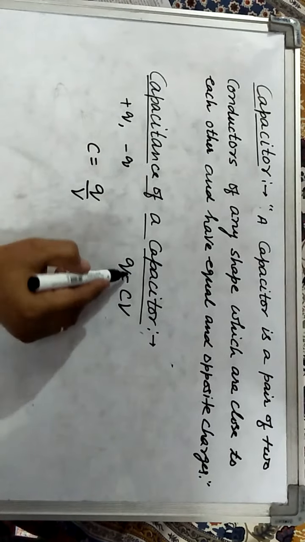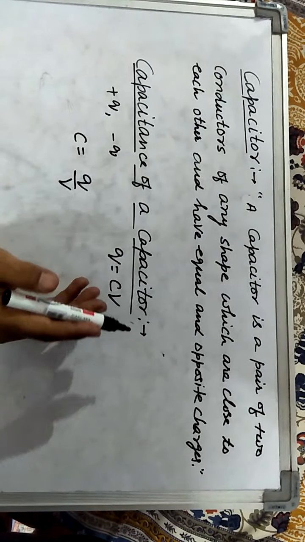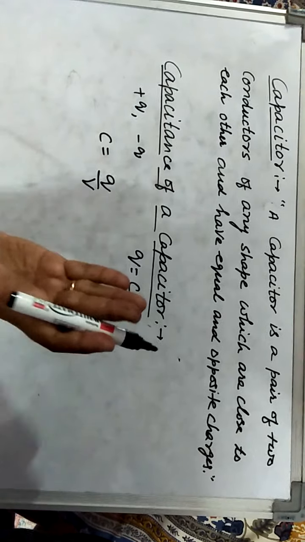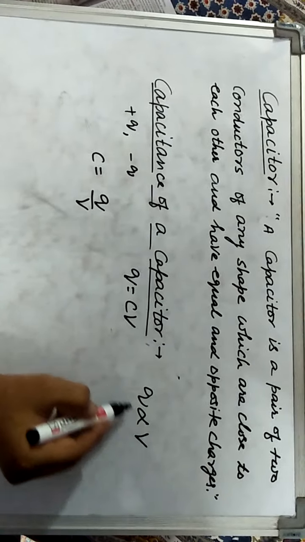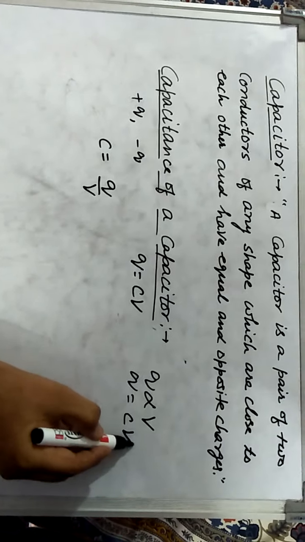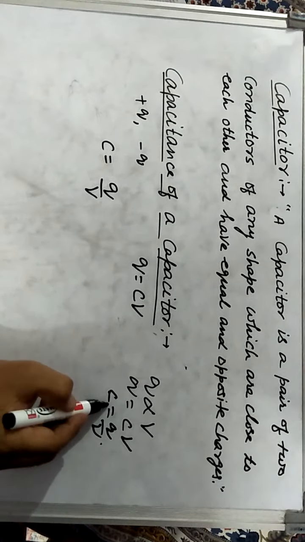When a charge Q is given to a conductor and its potential is raised in the same proportion by V, then Q is directly proportional to V, or Q is equal to CV. Then C is equal to Q upon V, where C is the capacitance.